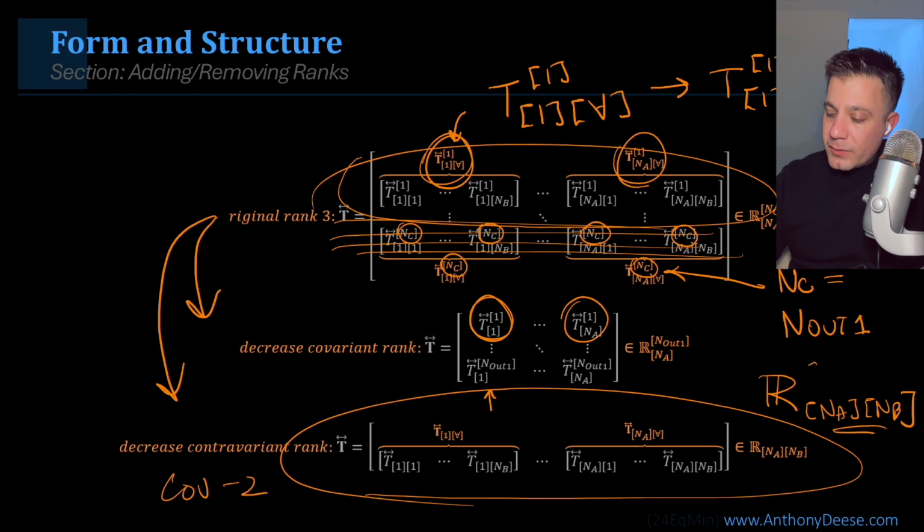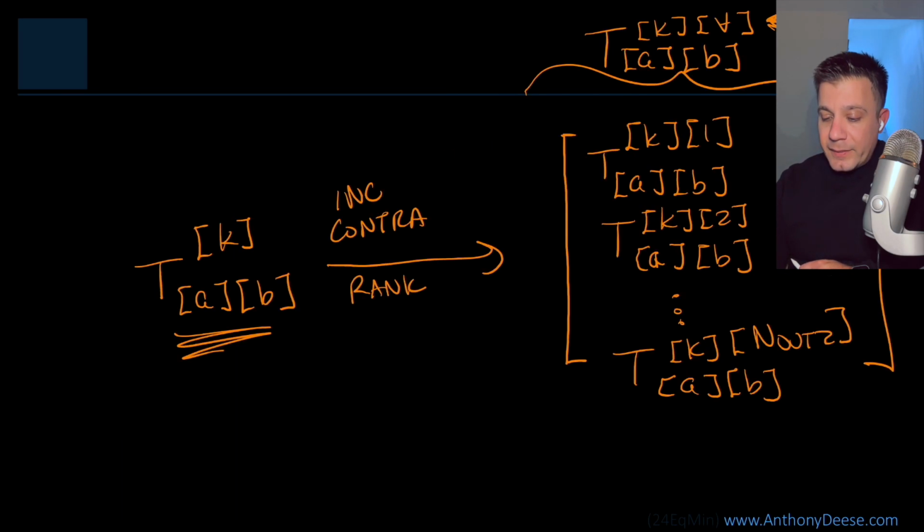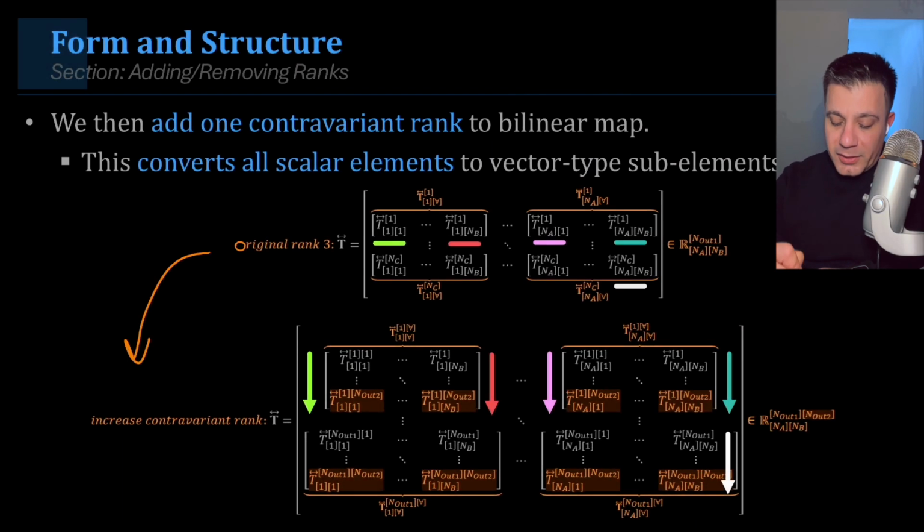Contravariant rank 0, so nothing up here. So what we can take away from this description is that the form and the structure of the tensor is very much dependent on the contravariant and the covariant rank. And really just by looking at these elements, you should be able to identify what the covariant and contravariant rank is.